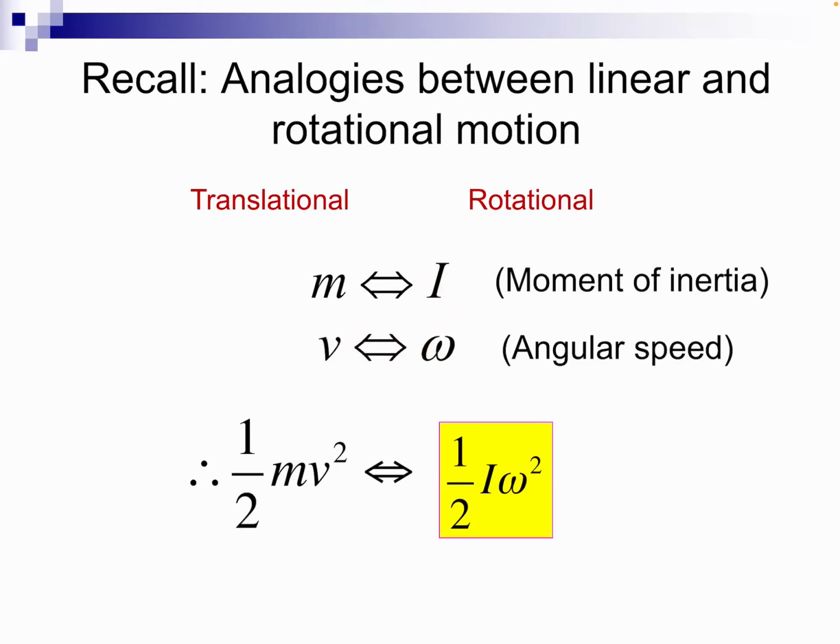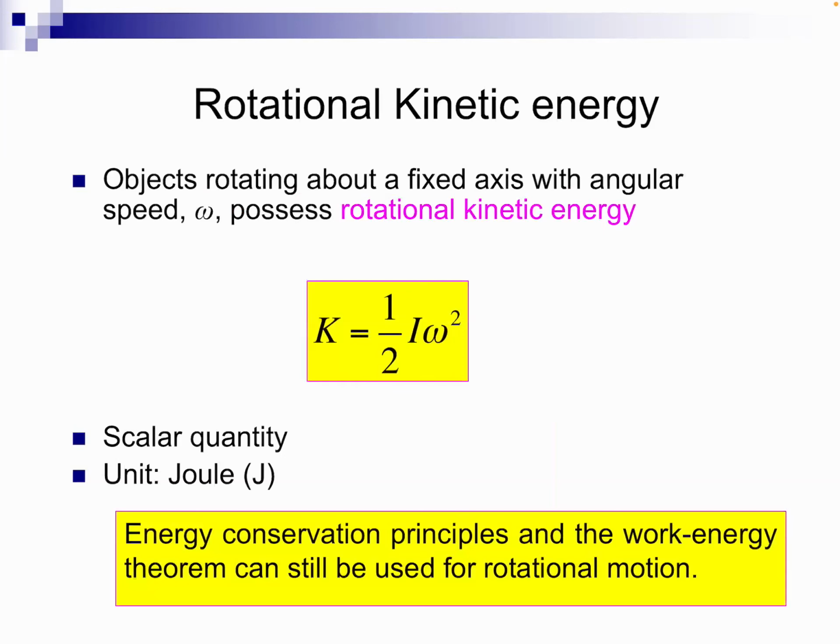Of course, angular velocity is equivalent to linear velocity, but we are only interested in speed when we are talking about kinetic energy. So then in rotational motion, the kinetic energy of a rotating object will therefore be equal to 1/2 times the moment of inertia times the rotational speed squared.